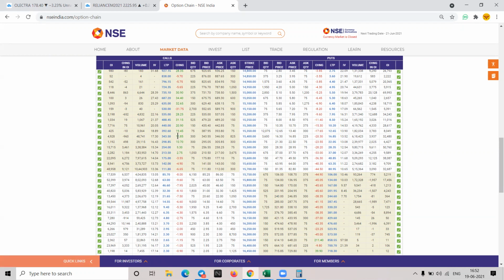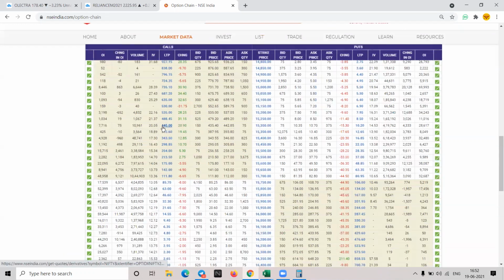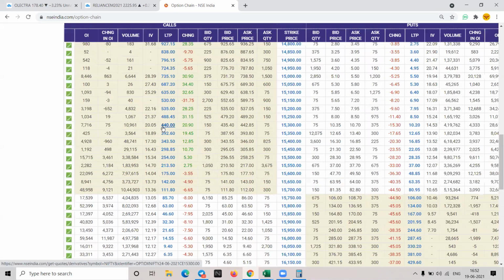Yeah, for the above part, the price is high, and for the lower part, the price is less. So why is the price high? Because Nifty is trading above these strike prices. That's the reason the price is high.